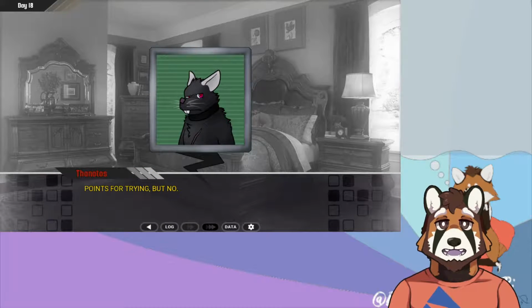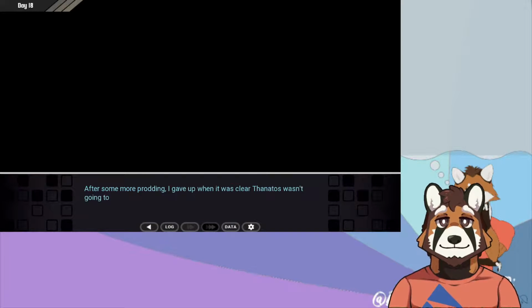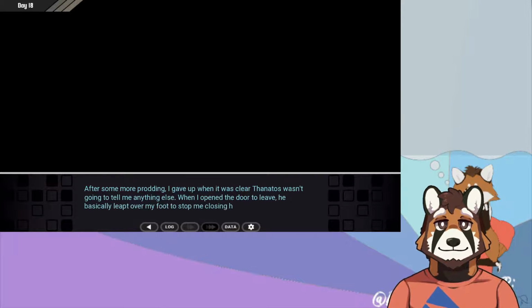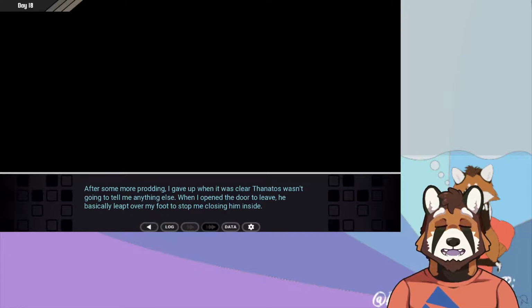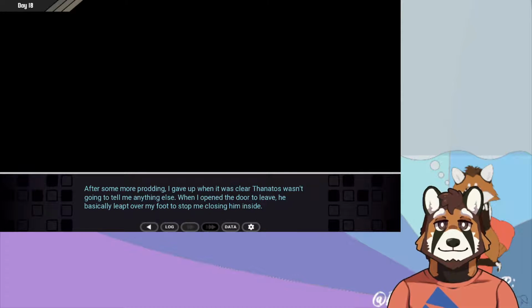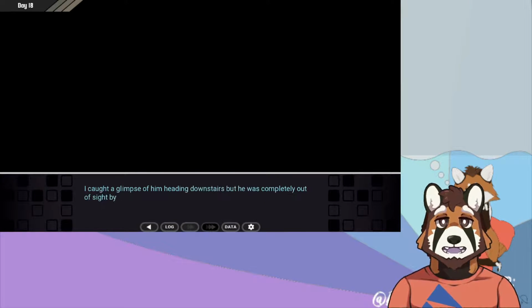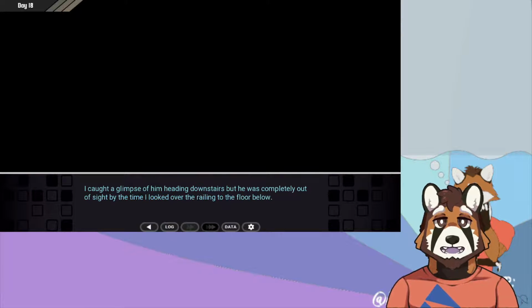Points for trying, but no. Shucks. After some more prodding, I gave up when it was clear Thanatos wasn't going to tell me anything else. When I opened the door to leave, he basically leapt over my foot to stop me closing him inside. I caught a glimpse of him heading downstairs, but he was completely out of sight by the time I looked over to the railing to the floor below.